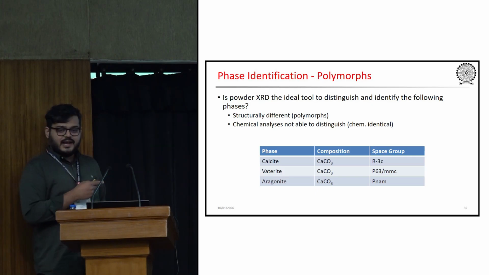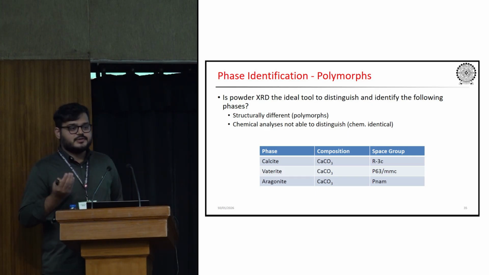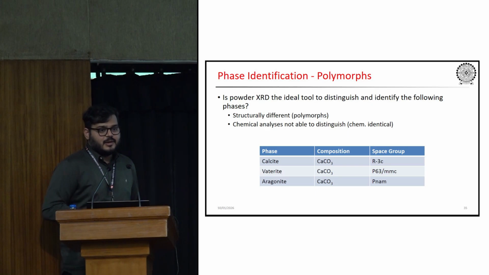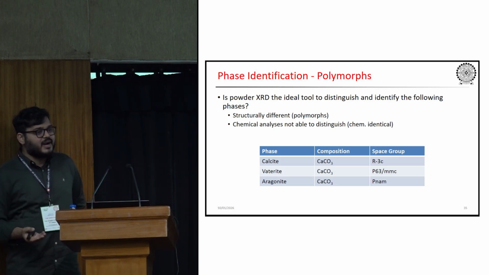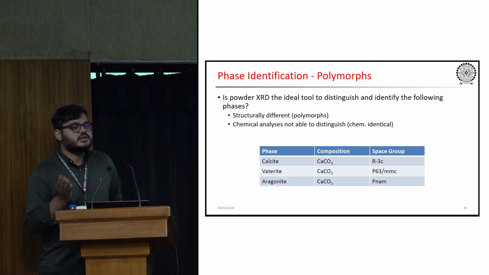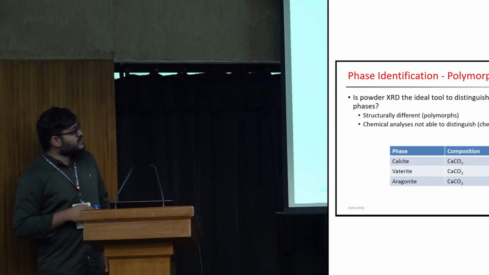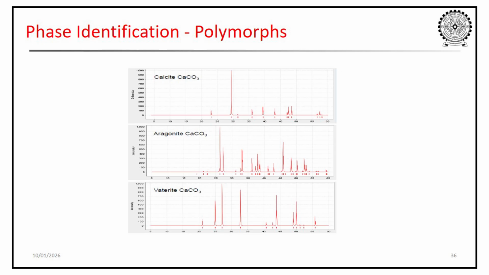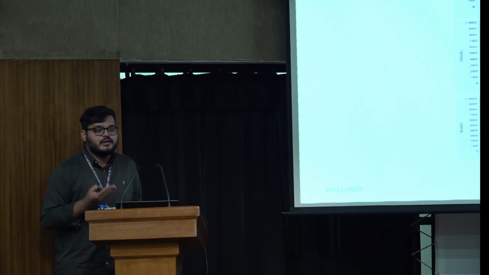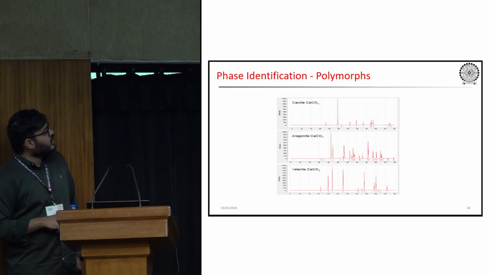This is an area where XRD is going to be very advantageous, because if you're doing a chemical analysis, since all three are calcium carbonate, you will not be able to distinguish whether it is calcite, vaterite, or aragonite, whereas XRD is a very good technique because each mineral has a distinct pattern, as each is in a different space group, right?